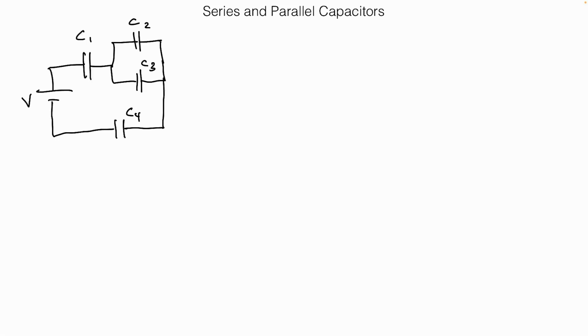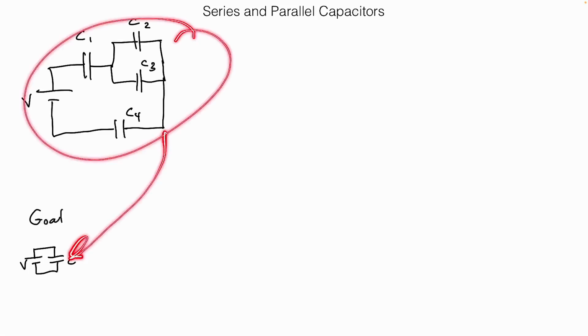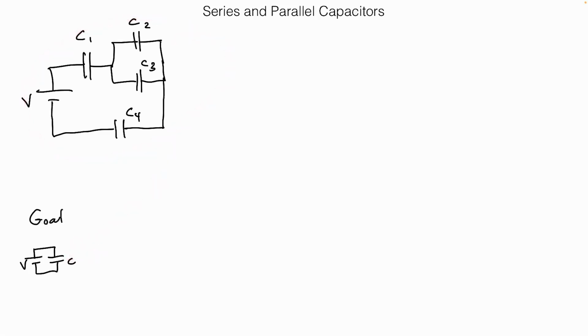What would be the simplest possible circuit that consists of a battery and a capacitor? A battery connected to a capacitor. So how do I get from this thing to this thing? The answer is series and parallel rules.